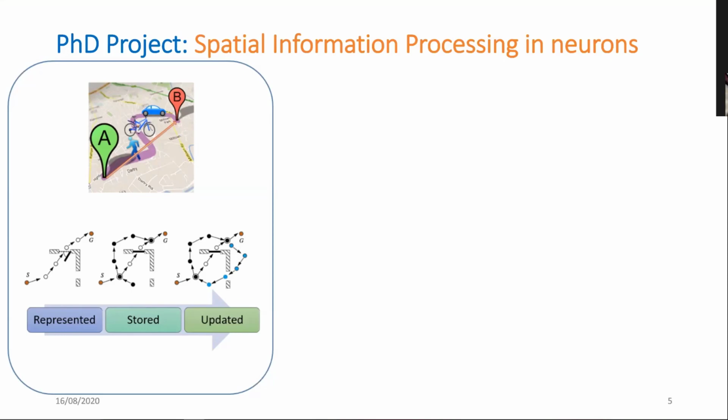If you go this way, it is going to take 2 minutes more. That means it is always showing you the shortest possible path. So to have all this information in our brain, we need to have a representation of this spatial information, and we call it cognitive mapping. And the question is how this information is represented, stored, or updated in the brain.